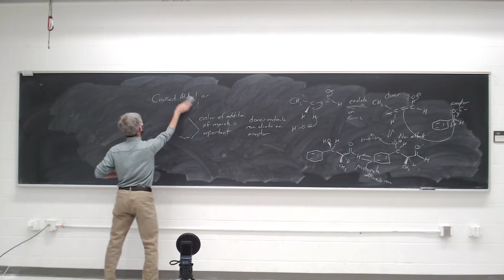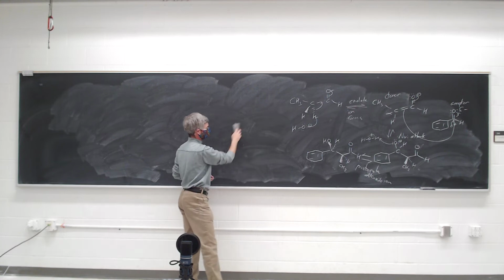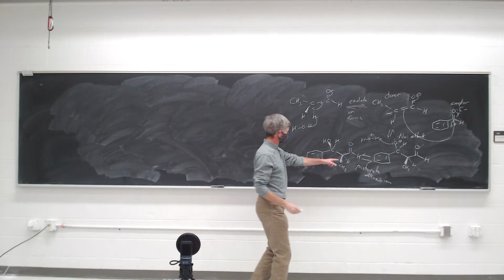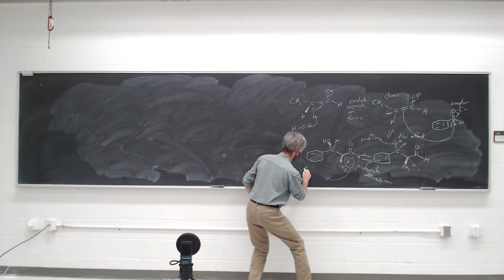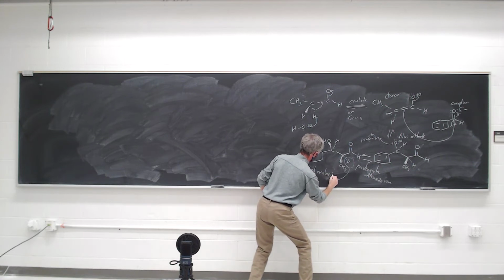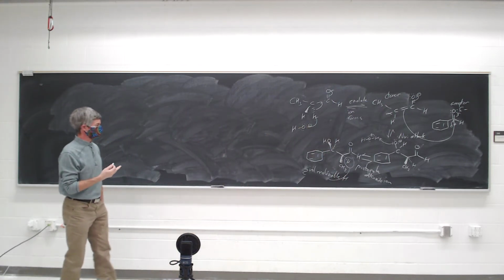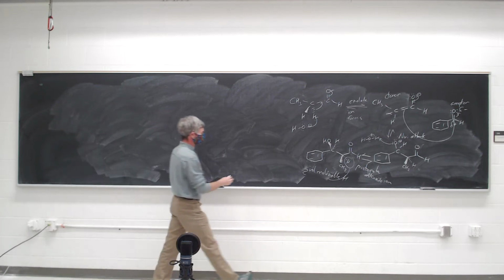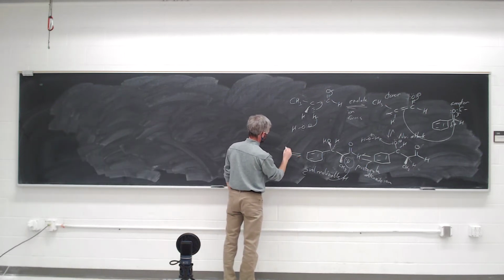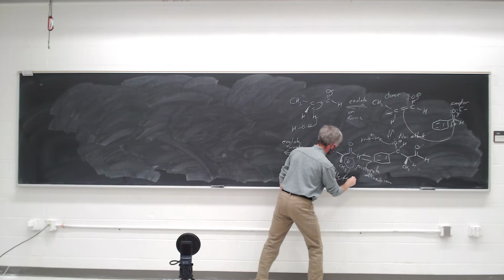Notice that because this aldehyde had a primary carbon next to it, a CH2 group next to it, I still have this second enolizable hydrogen here. Which means I still have the ability to drive the reaction the rest of the way forward. By forming the enolate.